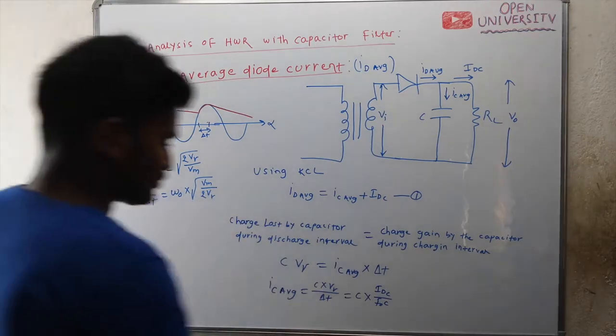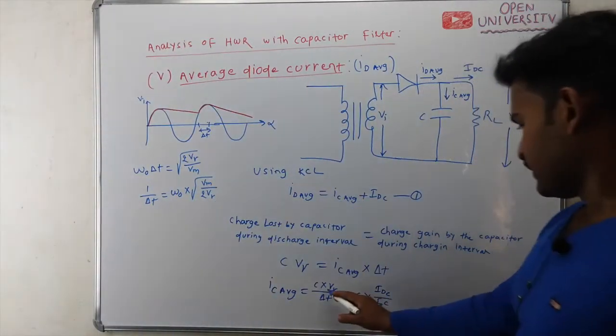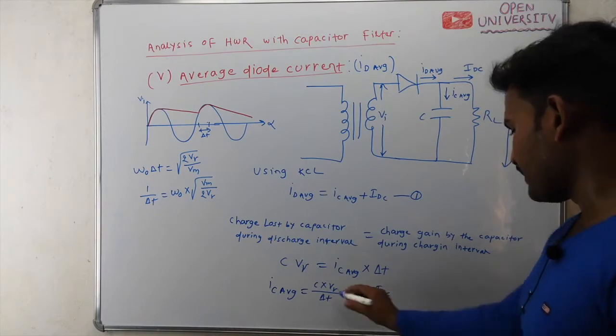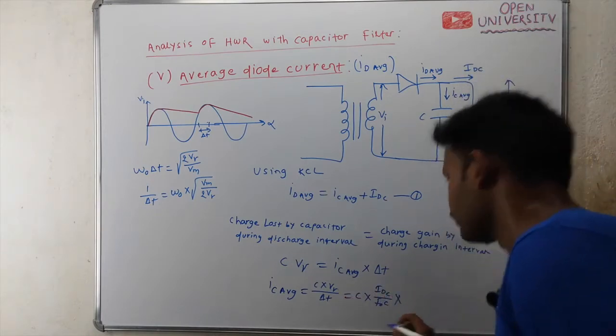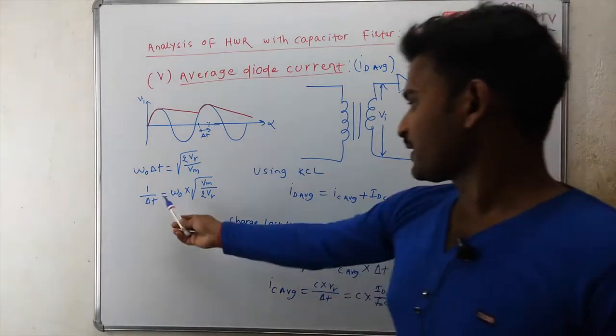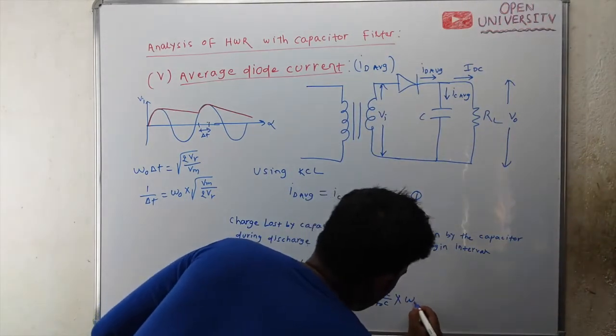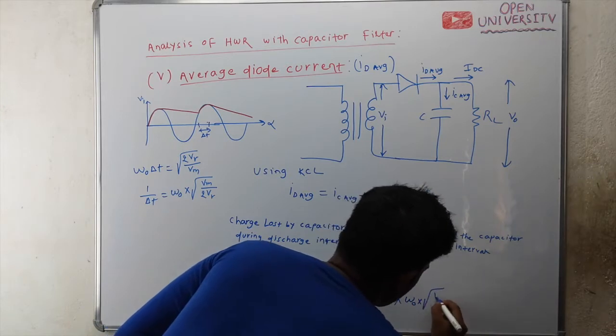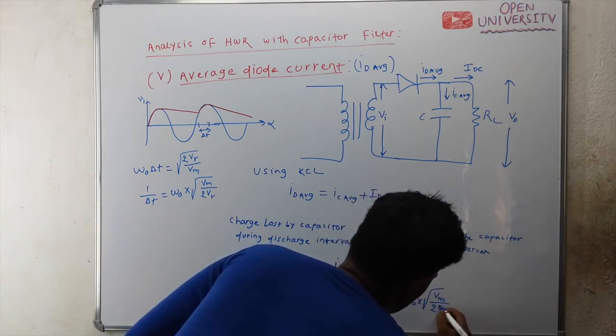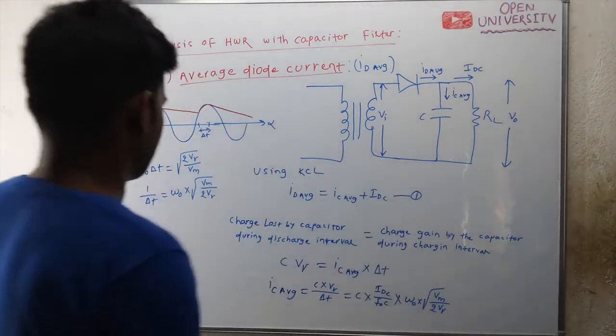So C into VR into 1 by delta T. What is 1 by delta T? Omega naught into under root of Vm by 2 VR.